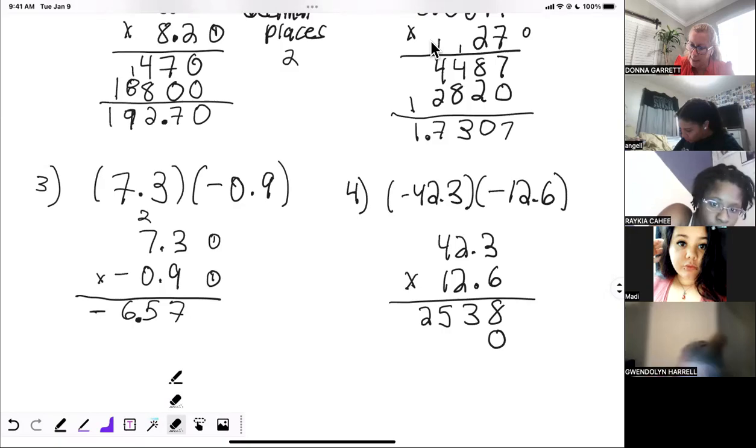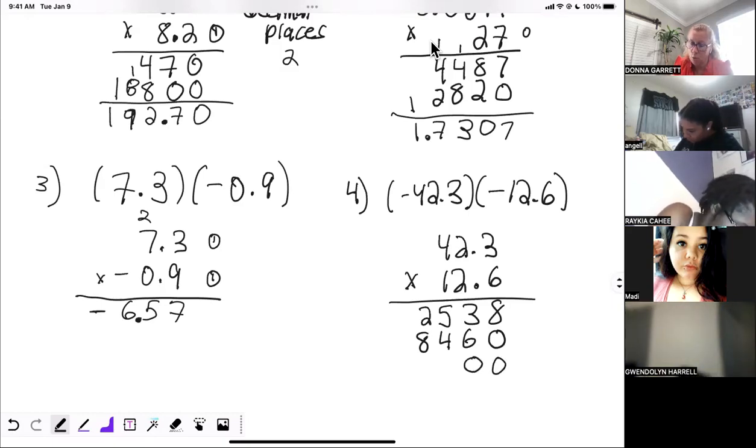Okay, 2 times 3 is 6. 2 times 2 is 4, and 4 times 2 is 8. Now I'm doing my other place, my hundredths place, so I have to do 2 zeros. 1 times 3 is 3, 1 times 2 is 2, 1 times 4 is 4.